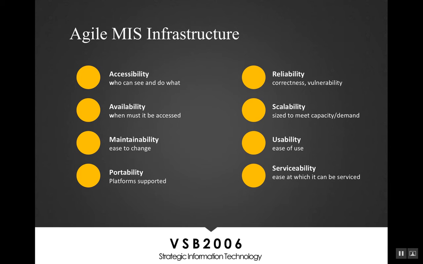So with this idea of agile, these are the attributes you want to have. You want control over accessibility, availability, maintainability, scalability, usability. We see a lot of this reflected in things like virtualization of MIS infrastructure and deployment of cloud systems.